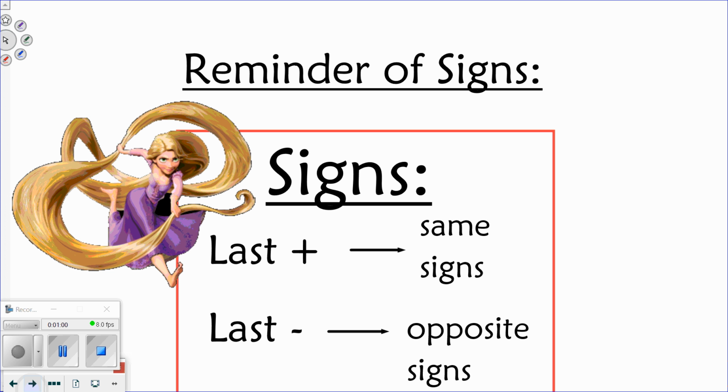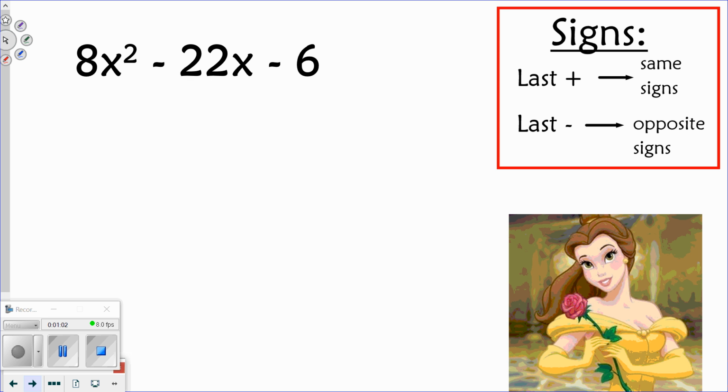All right, so here we go. 8x squared minus 22x minus 6. The first thing you always look for, no matter what, is your GCF. So what number goes into 8, 22, and 6? 2. Just like we did on Friday, we're going to take out a 2.